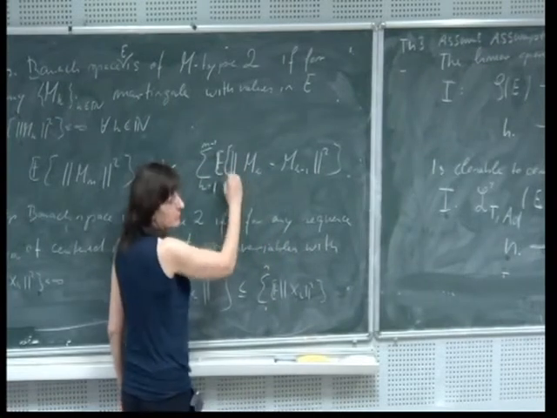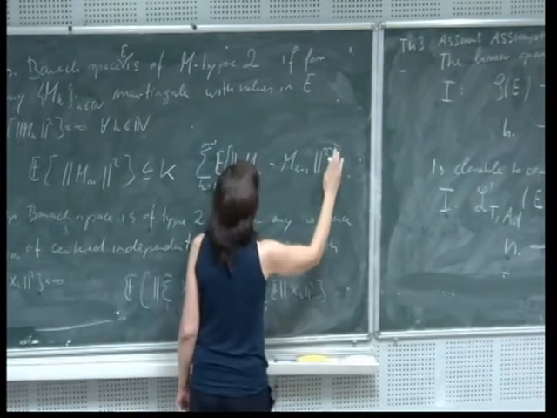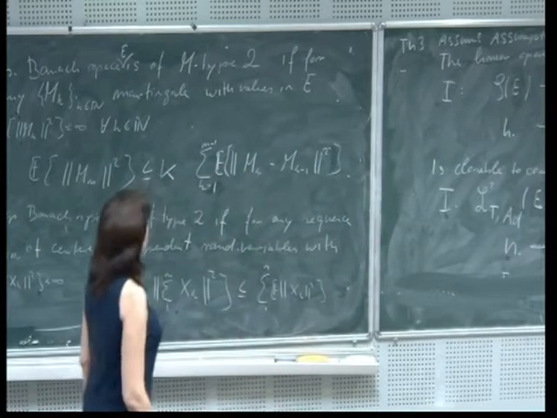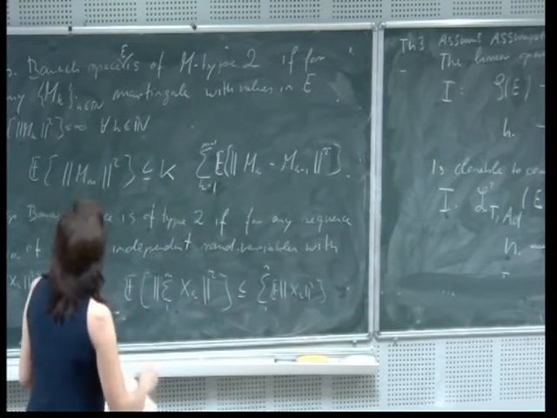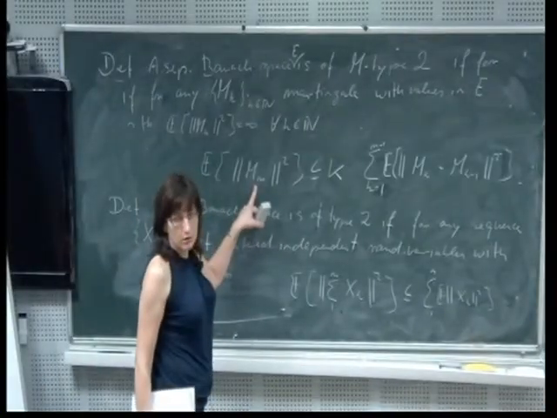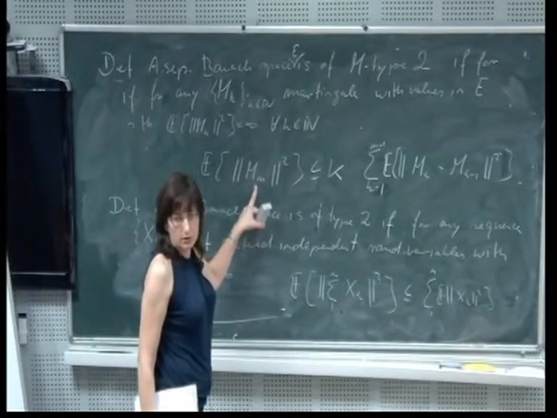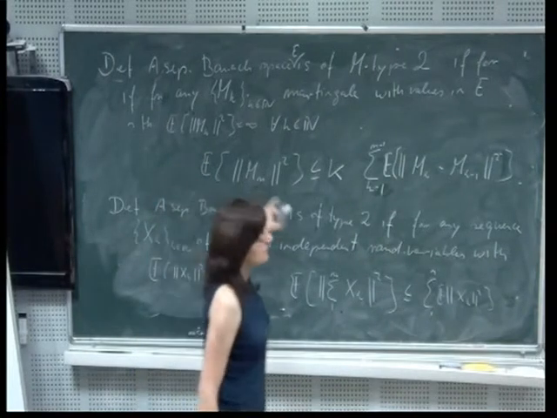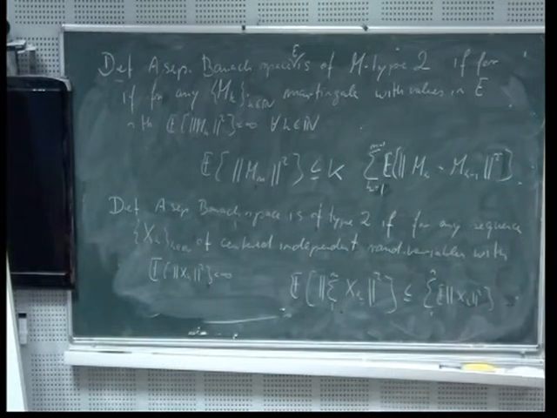Okay, so as sample functions are martingales, due to this inequality, we were able to show the inequality we needed in the assumption. And due to this, we were then able to prove these theorems for M-type 2 Banach spaces.